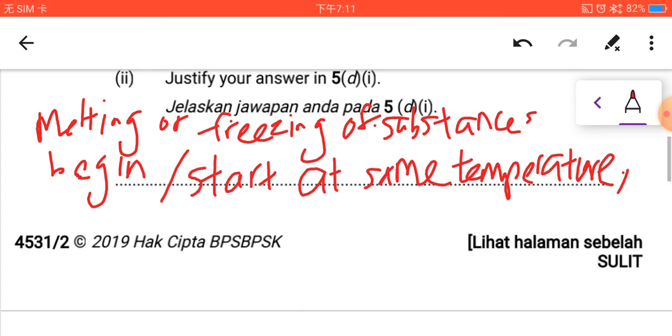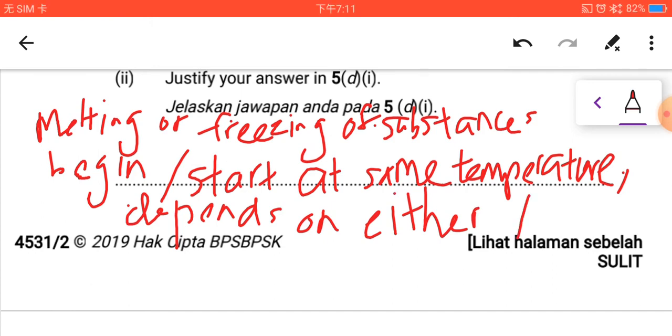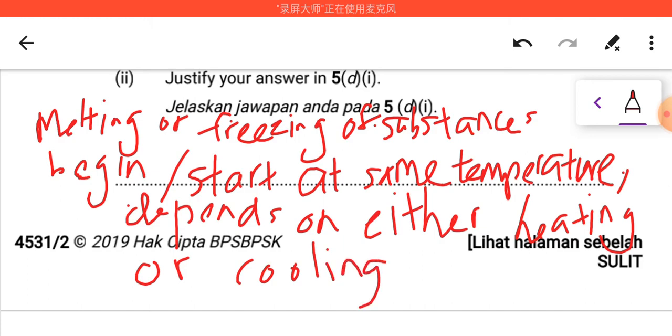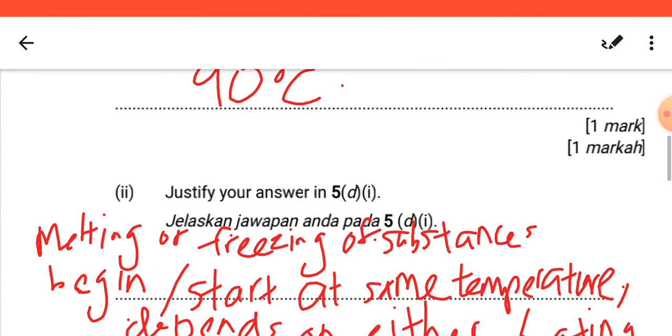You can put a comma and further explain why it is at the same temperature: it depends on heat, either heating or cooling.